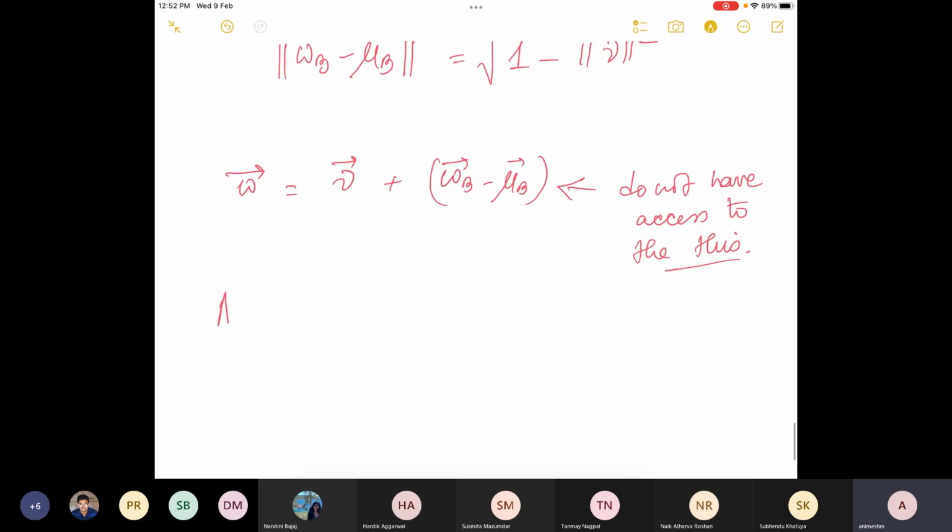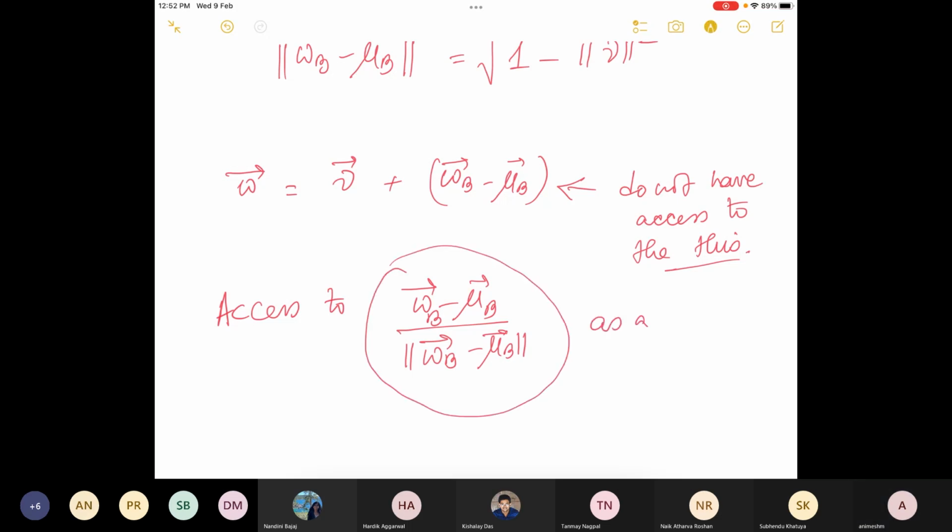So what do I have access to? I have access to this, as a whole. I do not know this part separately. Otherwise I could have easily multiplied and got it.